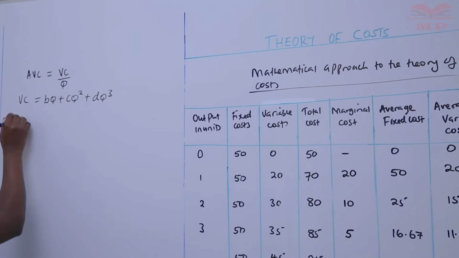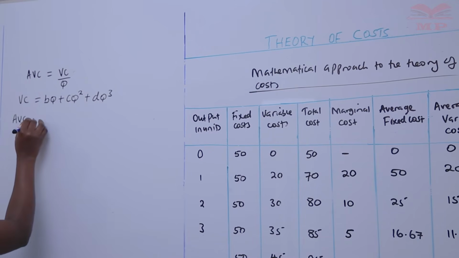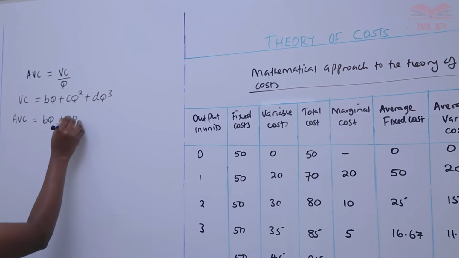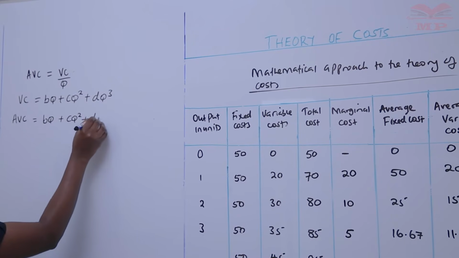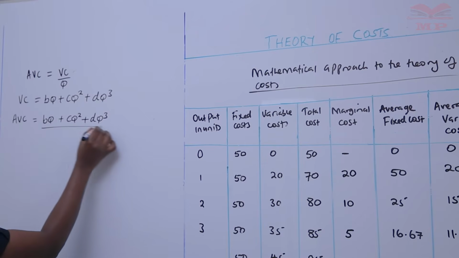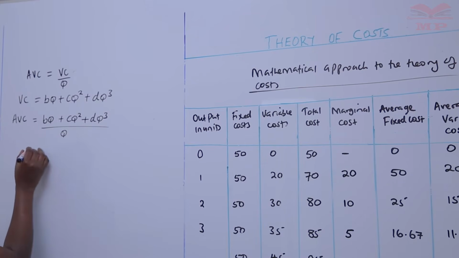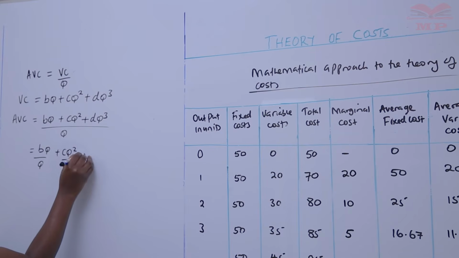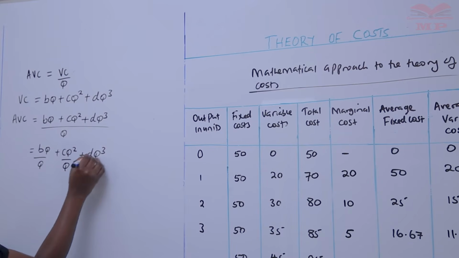To get AVC, we will simply be dividing everything by Q. So it will be BQ plus CQ squared plus DQ cubed divided by Q. So divide by Q simply means BQ over Q plus CQ squared over Q plus DQ cubed divided by Q.